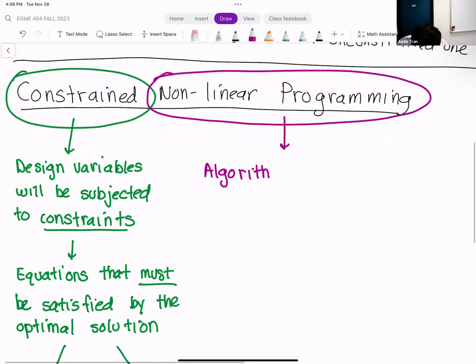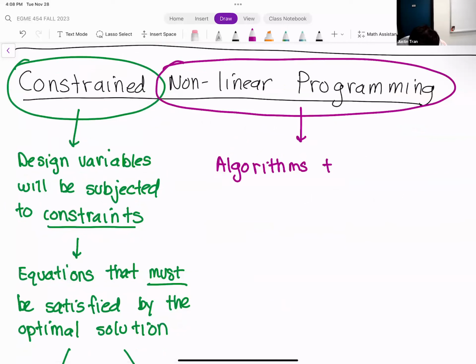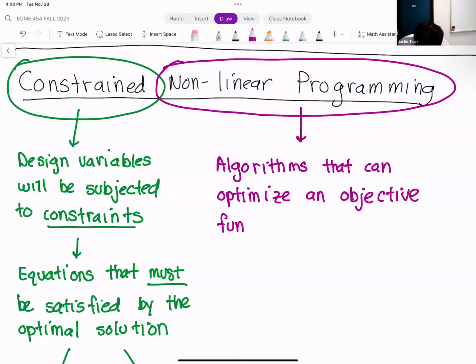We can sum that up by saying these are algorithms that can optimize an objective function of any form.